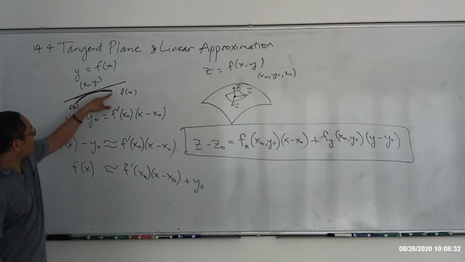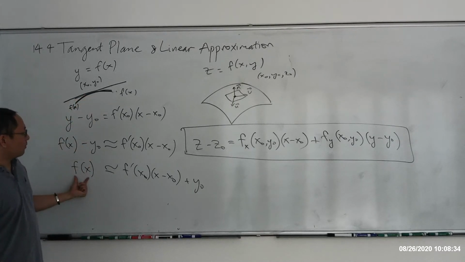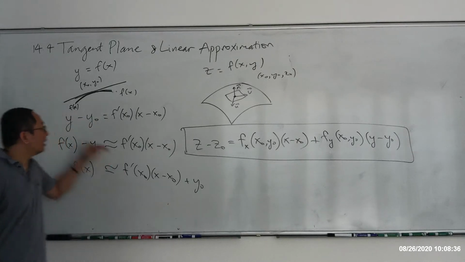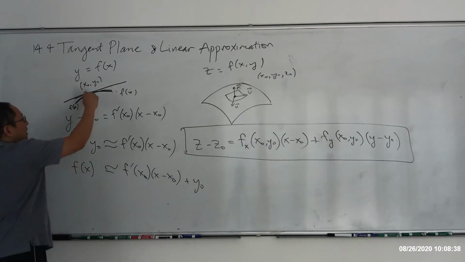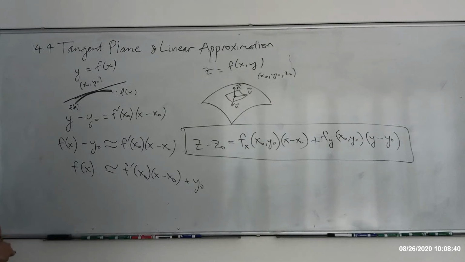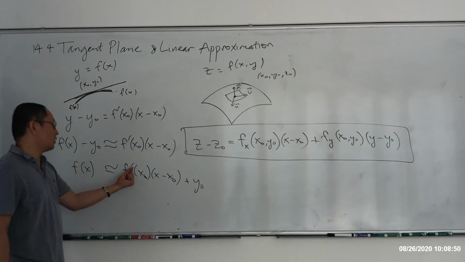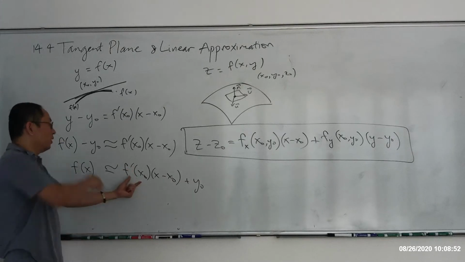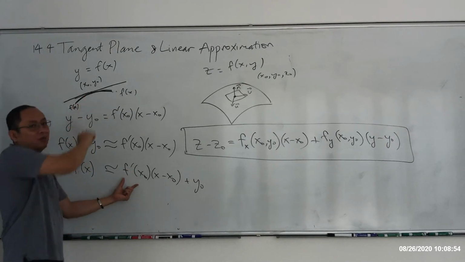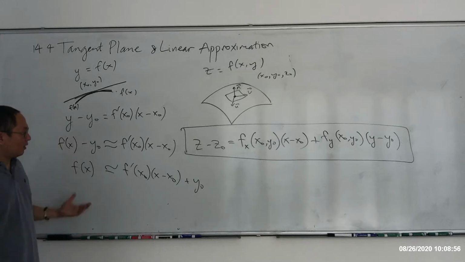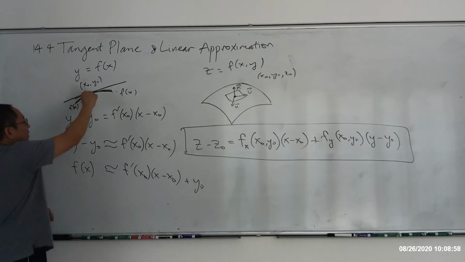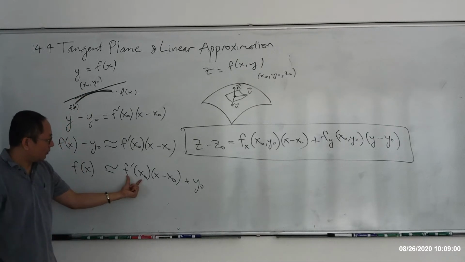Now I'm talking about the function right here. The function is approximated using the tangent line equation, a linear equation of the tangent line. And that was the whole meaning of it. So how do you approximate the function? If you know the derivative or slope at a specific point, you don't know the whole thing about the function, because if you know the whole thing about the function, then you don't need to approximate anymore. You know little: you know a point, you know the slope at that point.